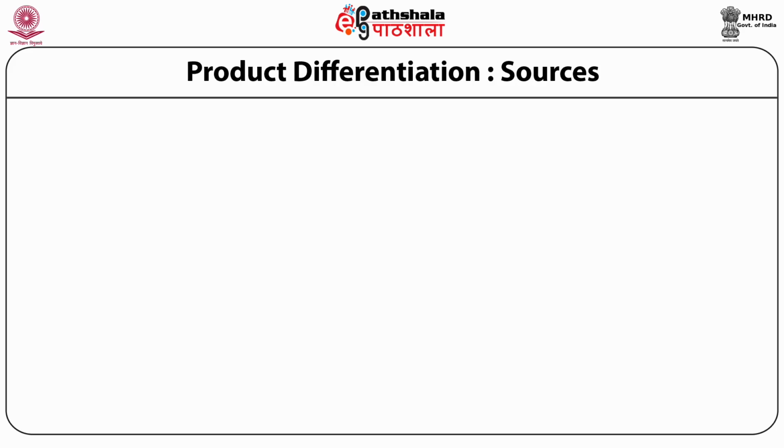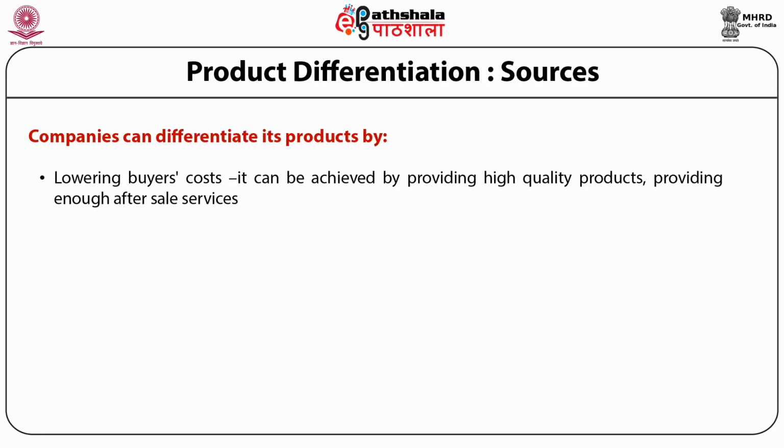Product differentiation. Sources. Students, companies can differentiate their products by lowering buyers' costs. It can be achieved by providing high-quality products and providing enough after-sales services. Companies can also differentiate their products by rapid and continuous innovations in products and services offered.